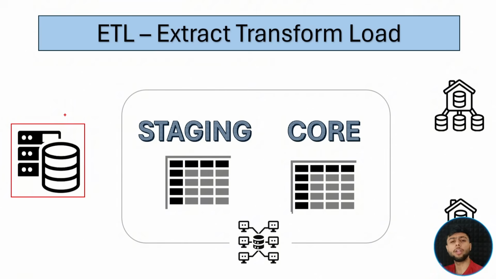We do not need to worry about that. Now just focus on the things I am highlighting right now: the database and the data warehouse, that's it. Forget about the other areas. We know that we pull the data from the database and store it in the data warehouse. We do not do it directly.